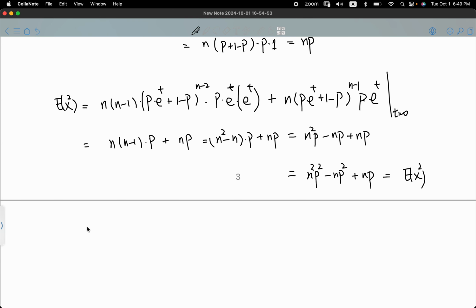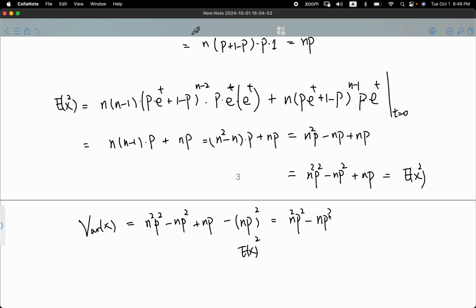Okay. And then for the variance of x, it is n squared p squared minus np squared plus np, and then minus np squared. So this is the square of the first moment. And then you should have n squared p squared minus np squared plus np minus n squared p squared.